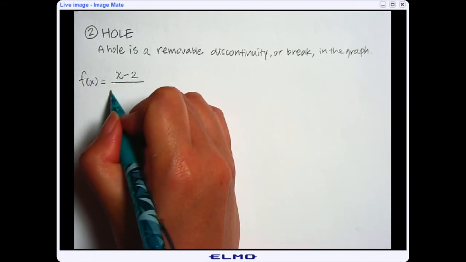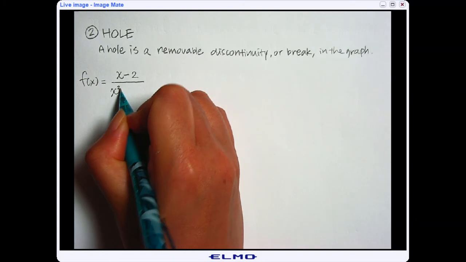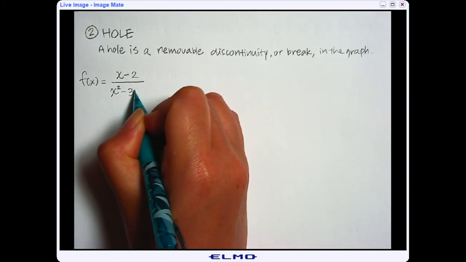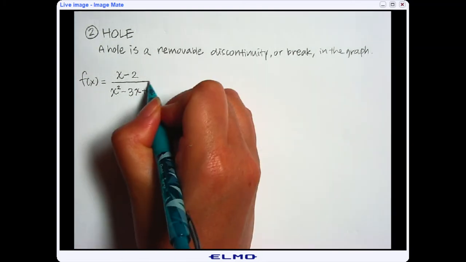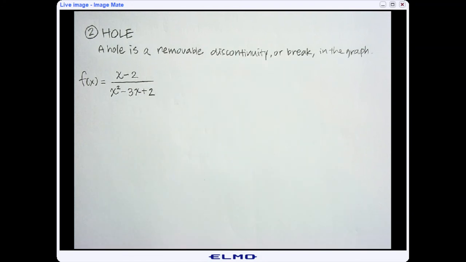The denominator is x squared minus 3x plus 2. Okay, then the earlier one was very simple because we didn't see any part that we had to factor first. But now, as you recognize, there is some part of this rational expression that requires you to factor and see.